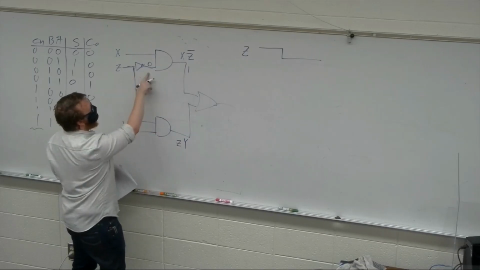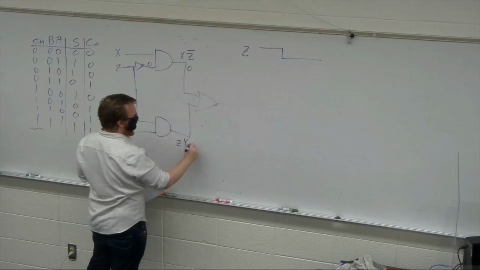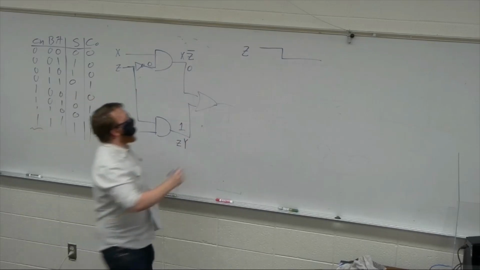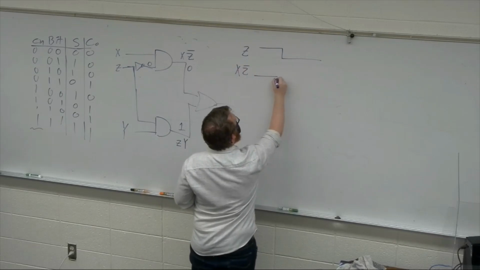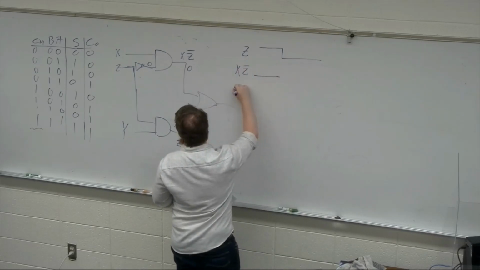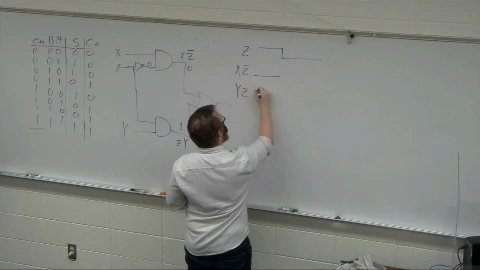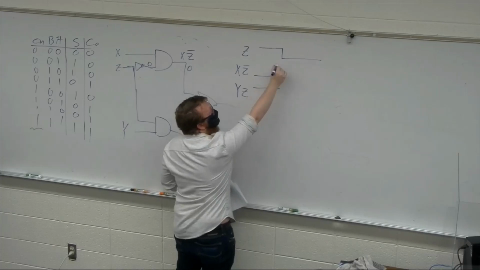Z is 1, oh wait, sorry, that's 0. Z and Y is true at my time step of 1. So let's start by doing that. X and Z bar is 0, and Y and Z is 1. We know nothing can change until this point, right?